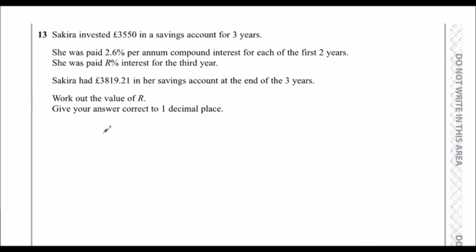So we started with 3,550. We got 2.6% for the first 2 years. So if we want to add on 2.6%, we're going to have 100% plus 2.6%, which is 102.6%, or as a decimal, 1.026.